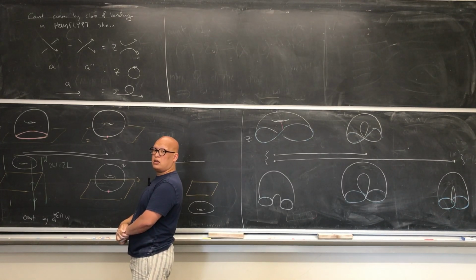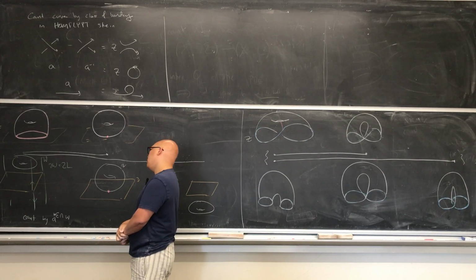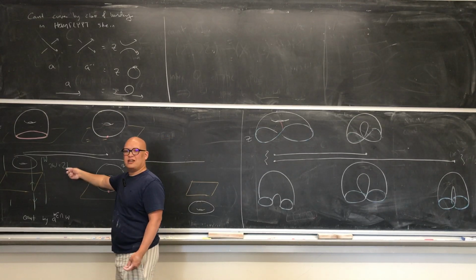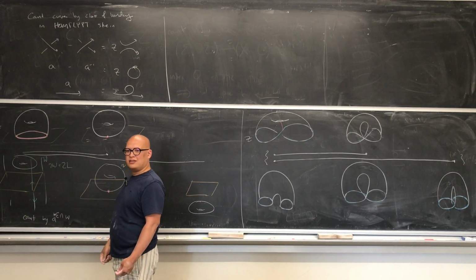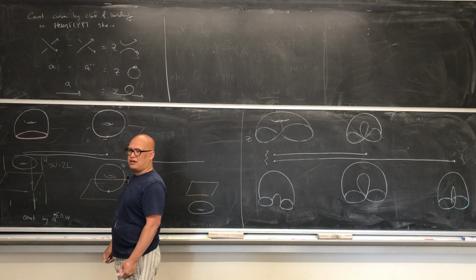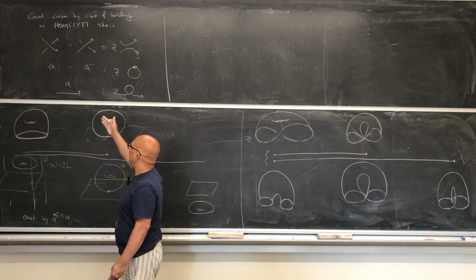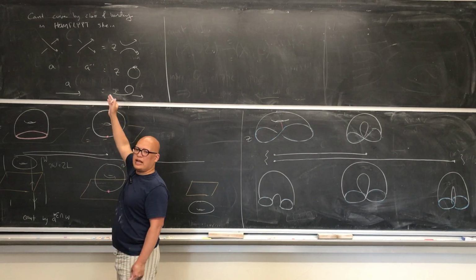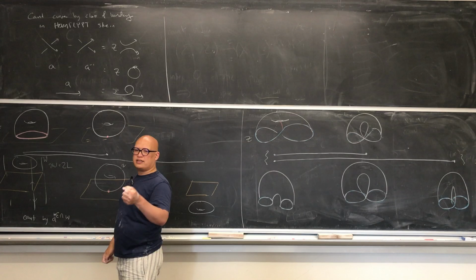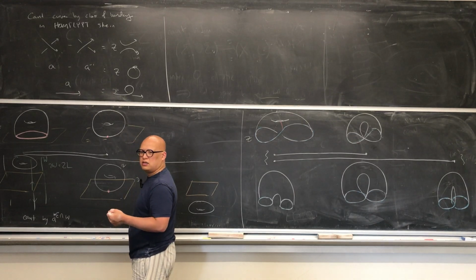I'm assuming that you can find such a chain. If you change that chain, it will change by some change of variable in A, and whatever variable is counting H2 of the space.